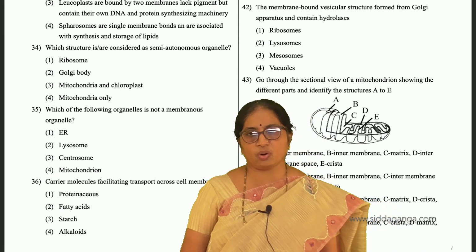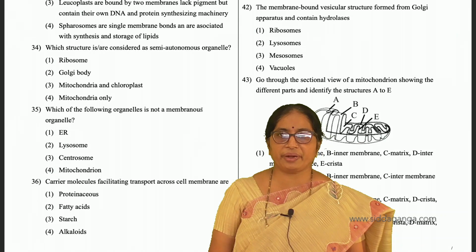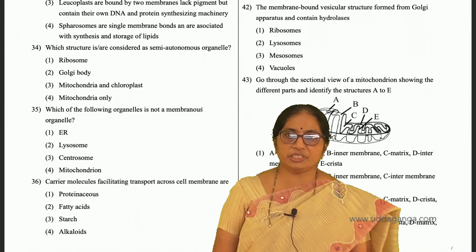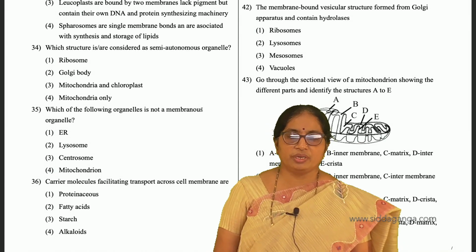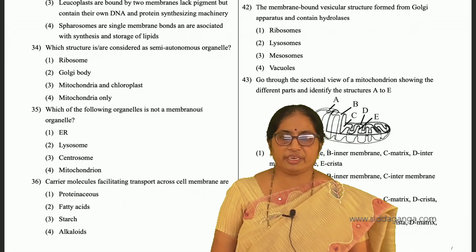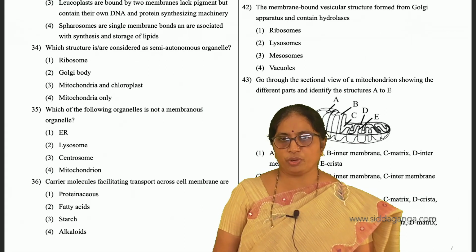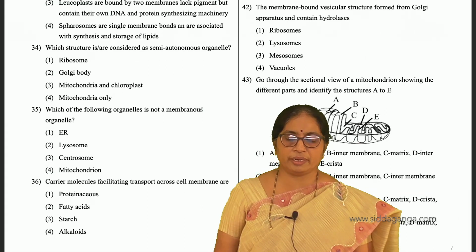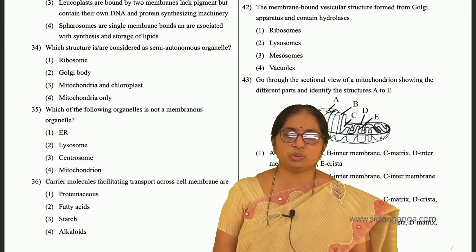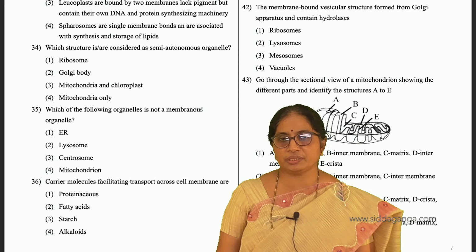Lysosomes contain the hydrolytic enzymes, and of course they are single membrane bound vesicular structures, and therefore you can go with option 2 as the right answer. They contain various hydrolytic enzymes like amylases, proteases and lipases. Mesosomes are the infoldings of the cell membrane in prokaryotic cells.